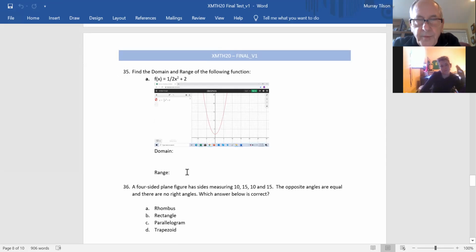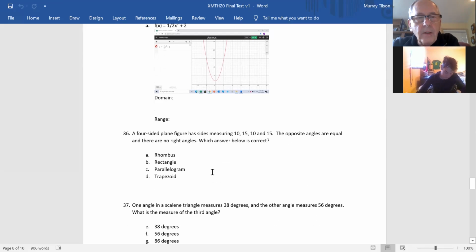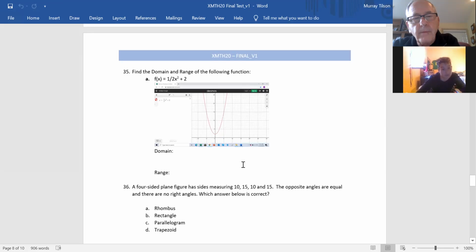So the range becomes 2 comma and then plus infinity. It just keeps going up. It's only positive infinity, exactly. It's not negative. It doesn't go below 2, so it never reaches a negative number.